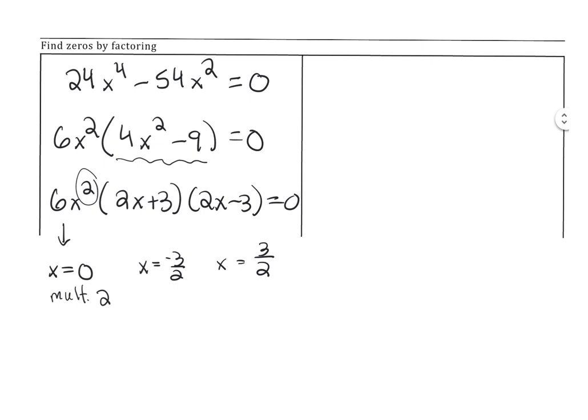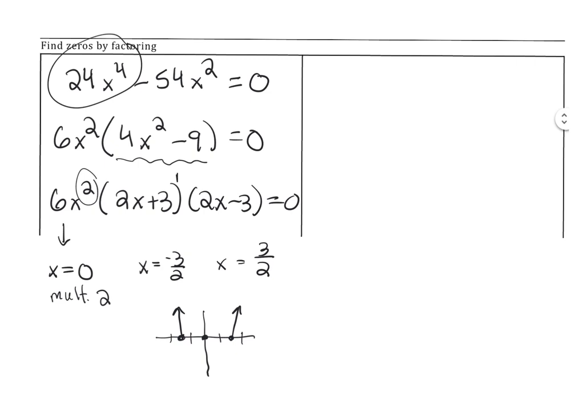So again, I want to just sketch a little graph so we can start understanding these. Okay, so I've got a 0 at 0, and then a 0 at 1.5, and a 0 at negative 1.5. Leading term, degree 4, and it's positive, so I know the end behavior is going up on both sides.